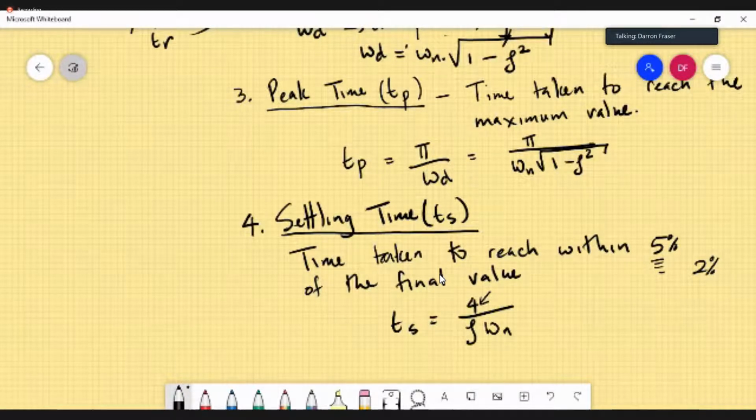You can calculate it from the response of the system.